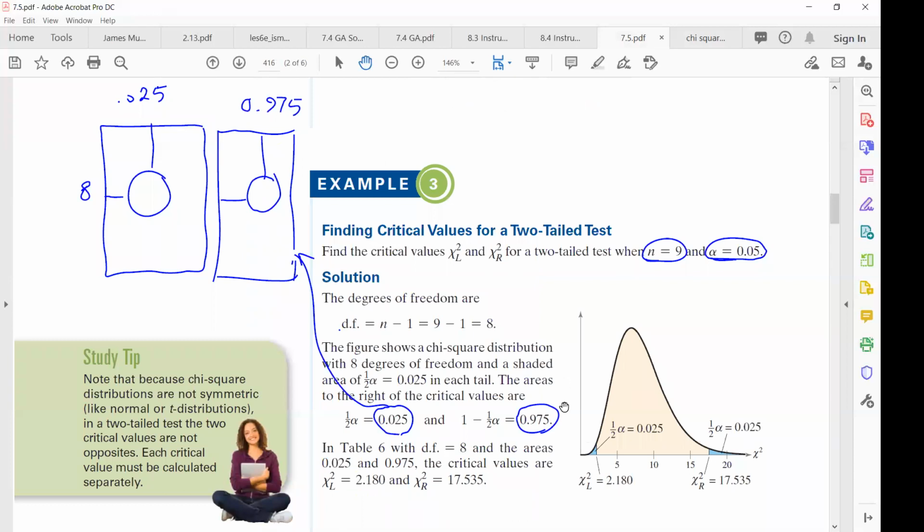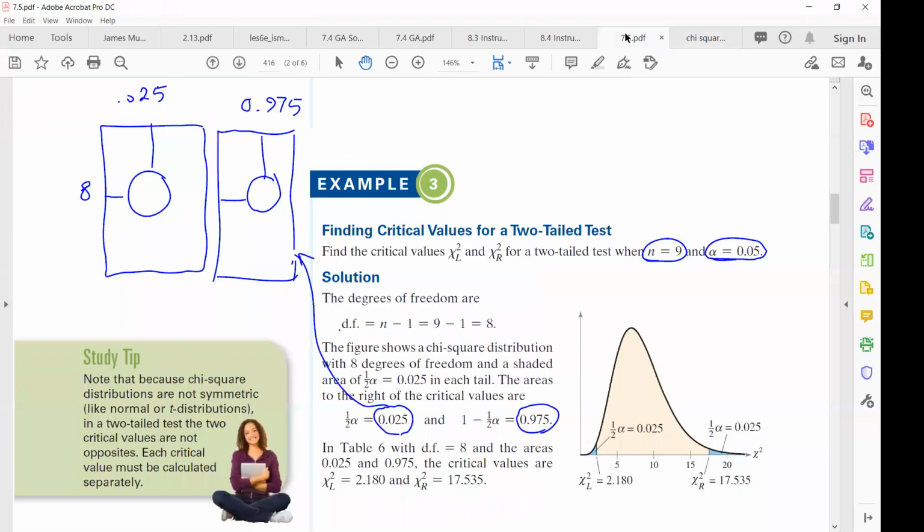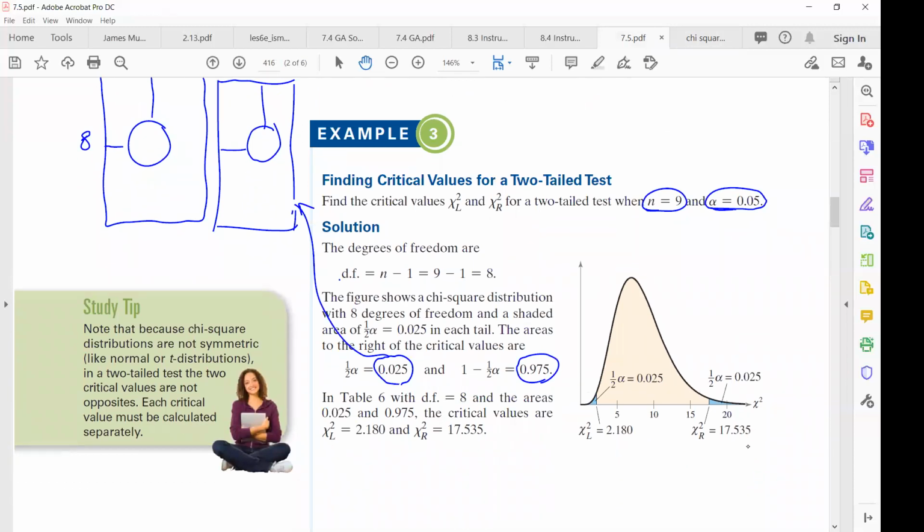Now 1 minus a half alpha gives you 0.975. The intersection between these two gives you 2.180. You have two critical values: 2.180 on the left-hand side and 17.535, which is the critical value on the right-hand side.